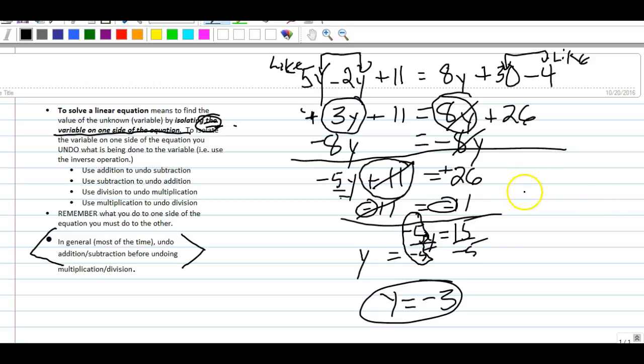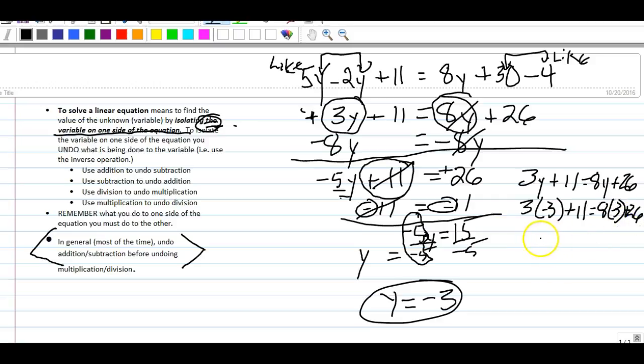Now we really should check that. So I'm going to check it in this portion of the equation. I'm relatively sure that what I've done to go from step 1 to step 2 is correct. So I have 3 times negative 3 plus 11 is equal to 8 times negative 3 plus 26.